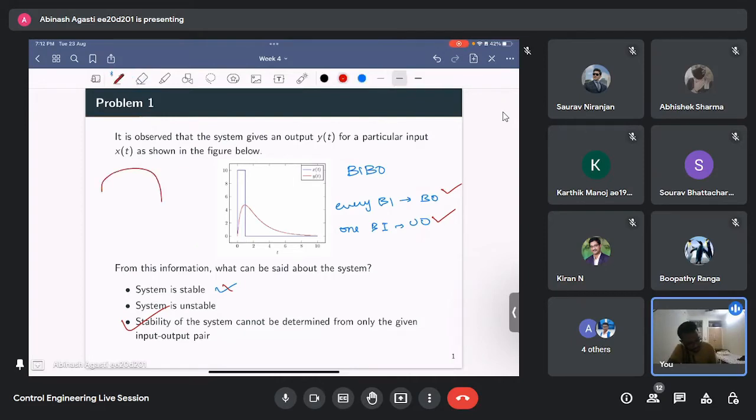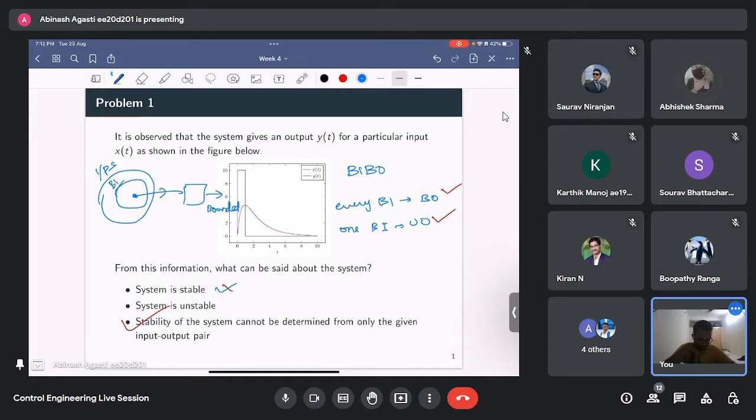Suppose there is a set that contains all possible inputs, and no matter what you give to the system, my output is bounded. Then this is clearly a stable system, because from all possible inputs, bounded inputs are only a subset of it, right? So if all possible inputs give bounded outputs, then bounded inputs will obviously give bounded outputs, correct?